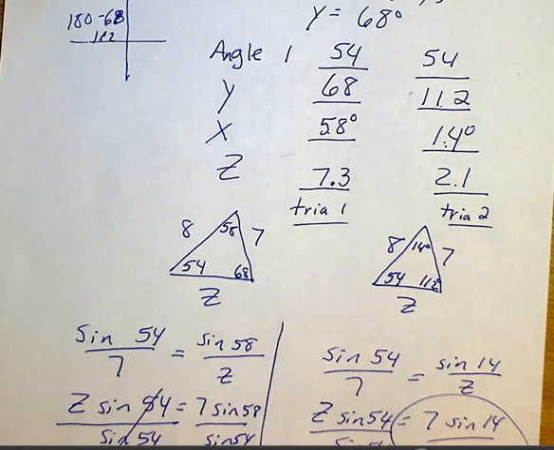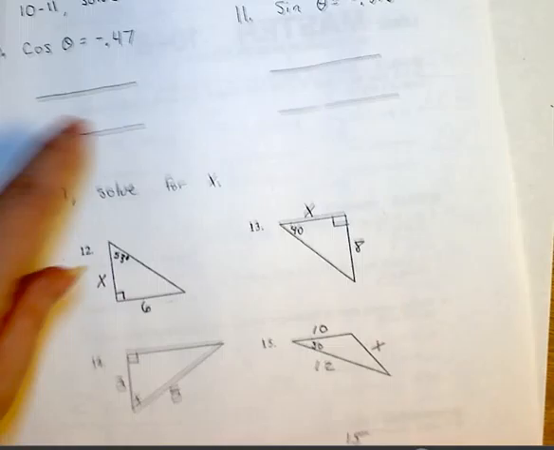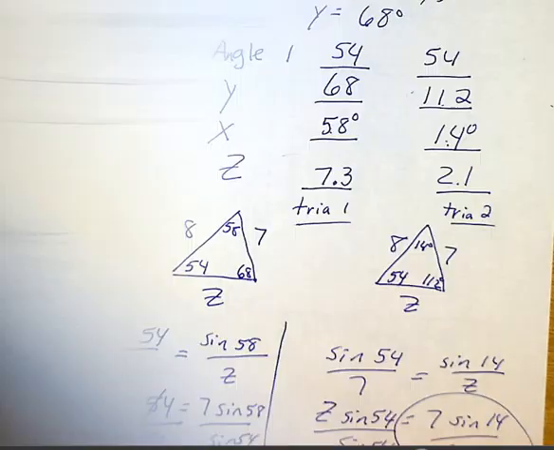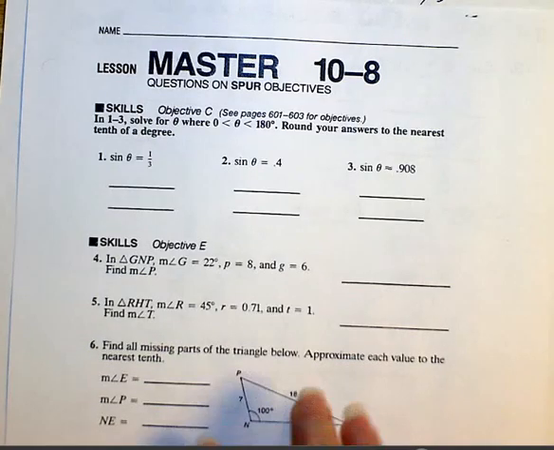All right, you all received your work, which is your 10-8, and you have a front and a back to do. The back side has a lot of review on it, and also what we just did today.